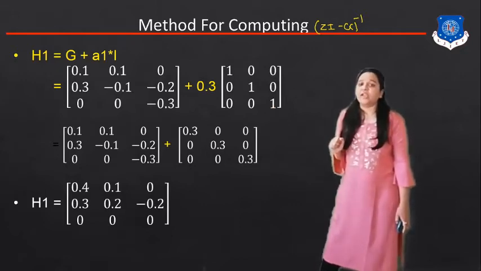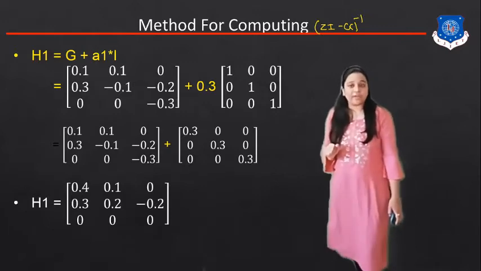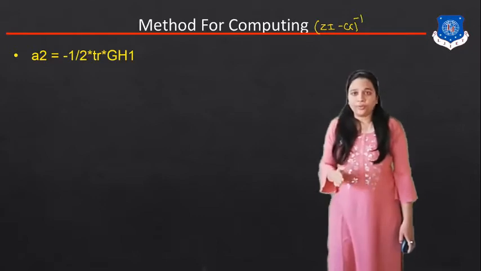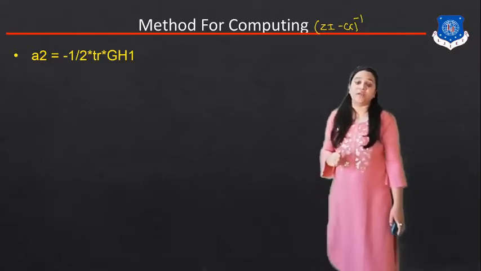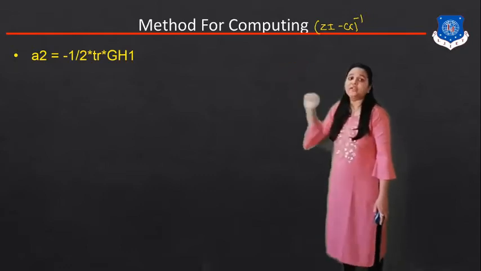Okay, now next we have to find the value of A2. What is the equation of A2? A2 is equal to minus 1 by 2 trace of G H1. So first of all we put the value of G and H1 in this equation.